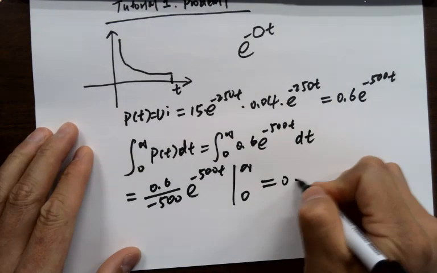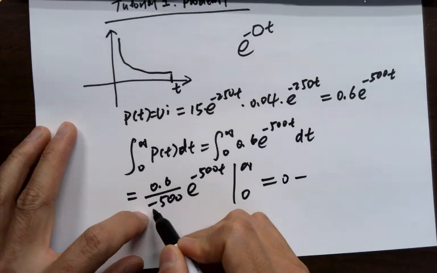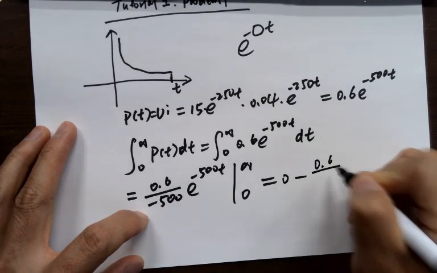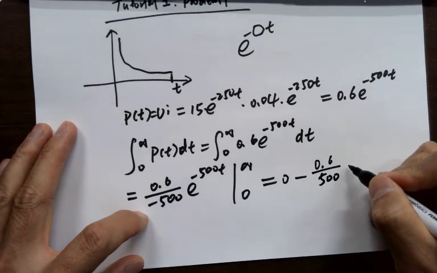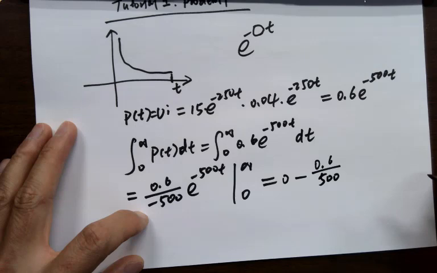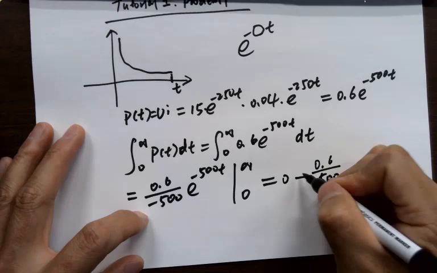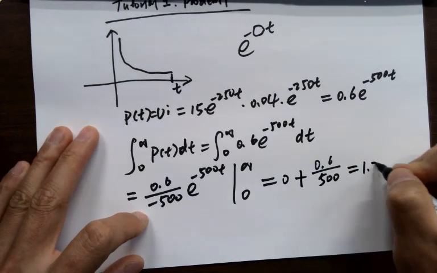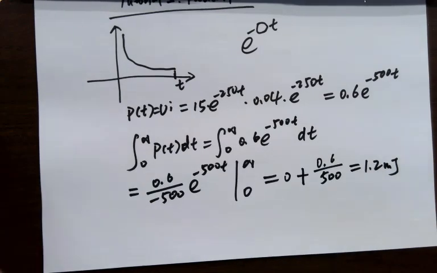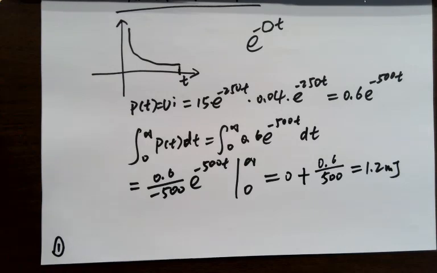This is 0, so it's going to be 0 minus, and this is a minus sign, you change this to plus, so 0.6 over 500, and this is 1, right? Yeah, plus. So this becomes 1.2 millijoules.